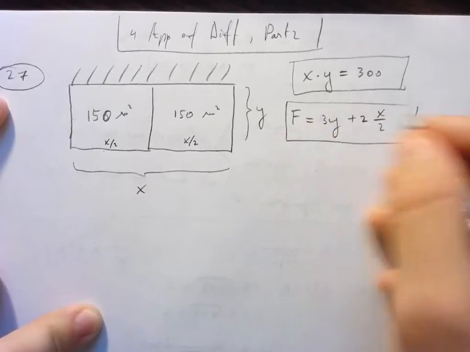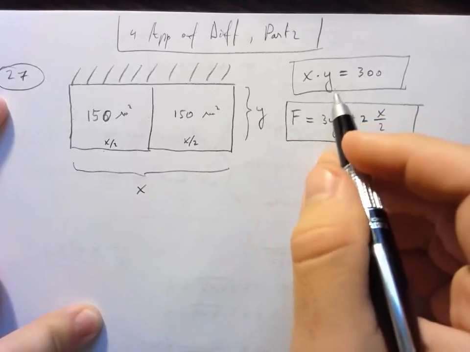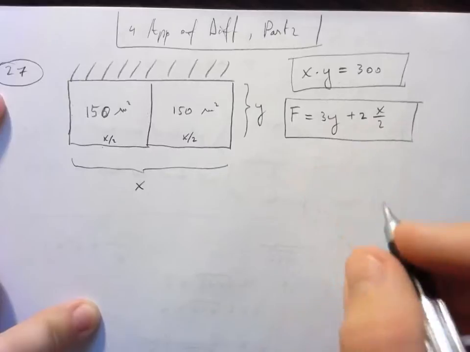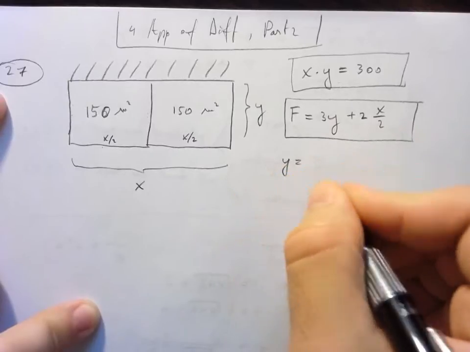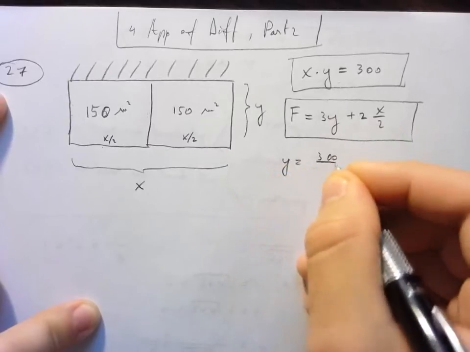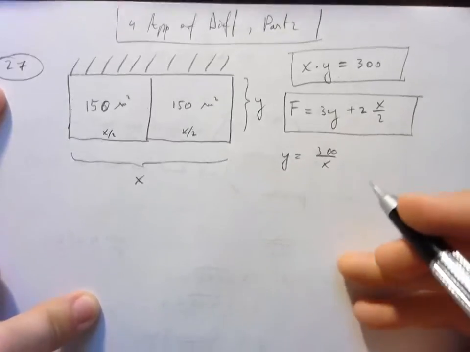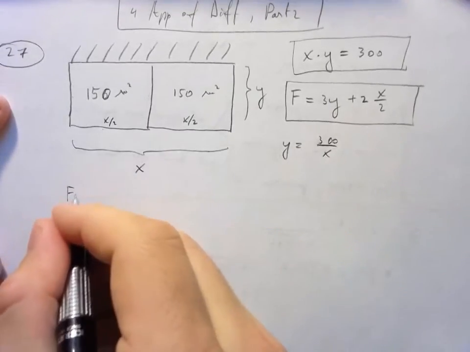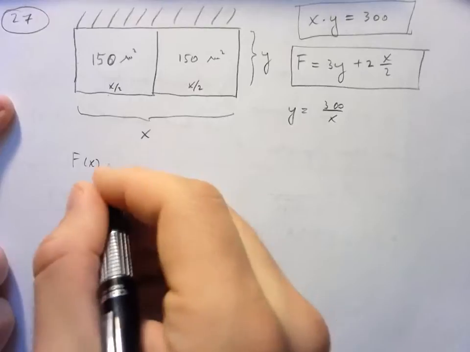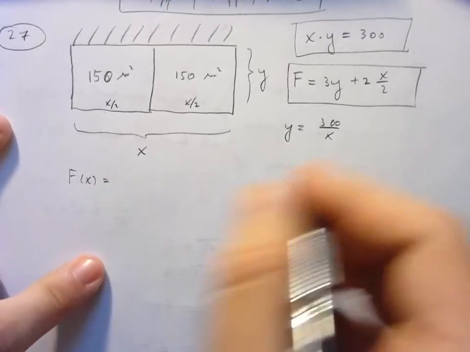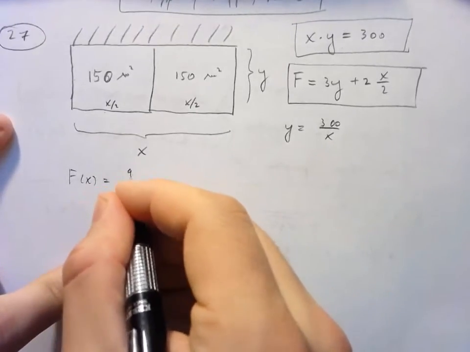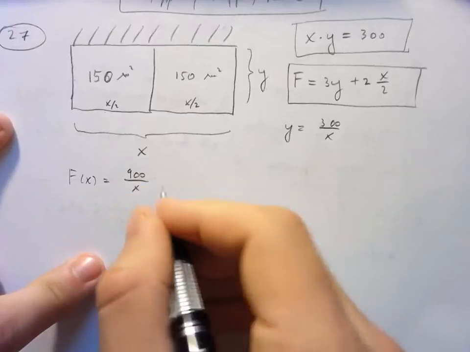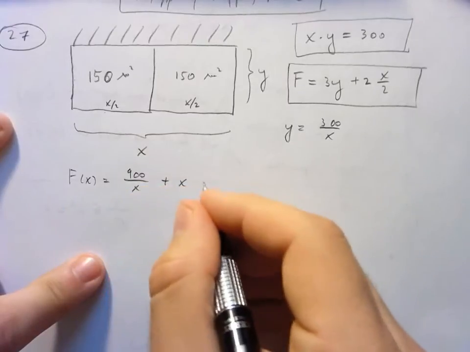So I'm going to use my top equation, which is my constraint equation, to solve for y in terms of x. That gives me a function of a single variable now, f of x, which is 3 times 300, which is 900 over x plus x.